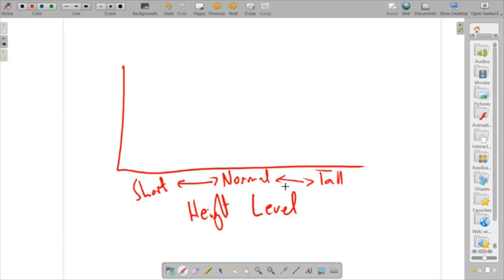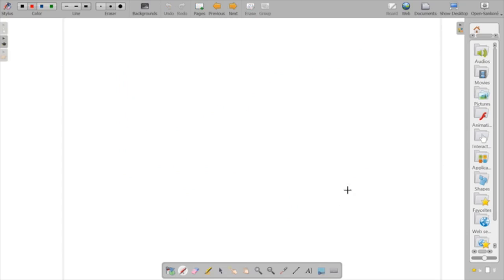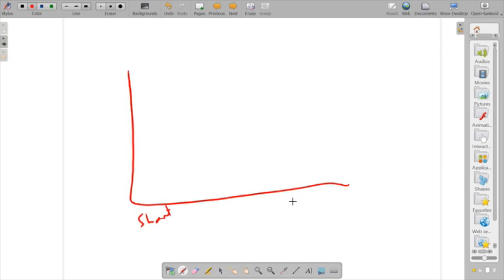So actually, because the distance between each of these categories is unknown, when I plot them like that, it might look like there's a straight line. And it would be very tempting to go, oh, look, there's a straight line that goes through here. But hang on, it would be just as valid to plot short, then leave a big gap, normal, and then tall.